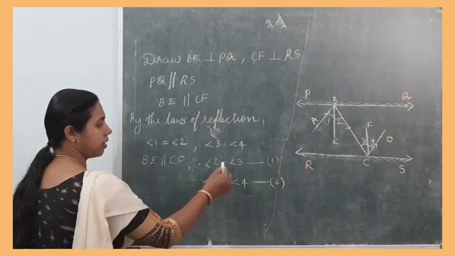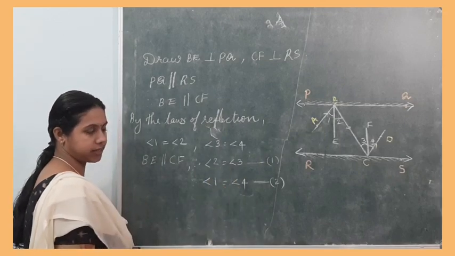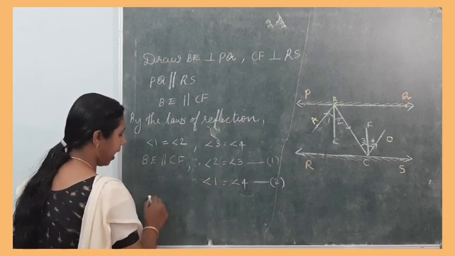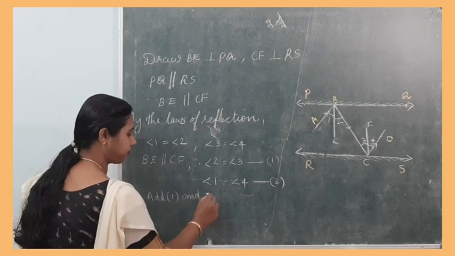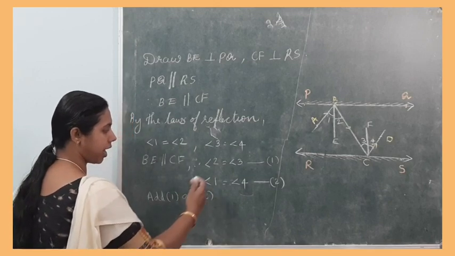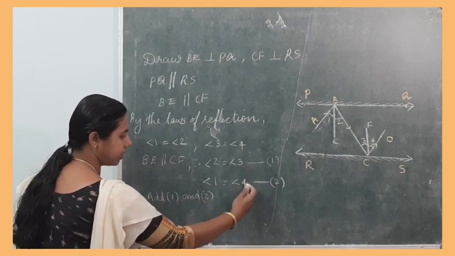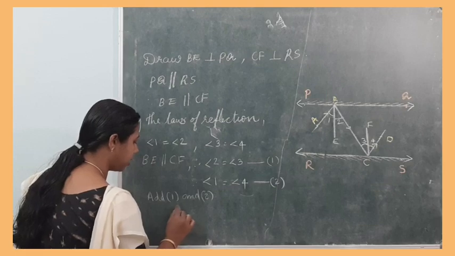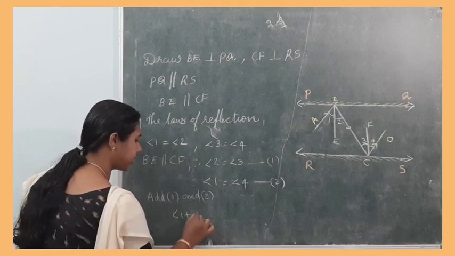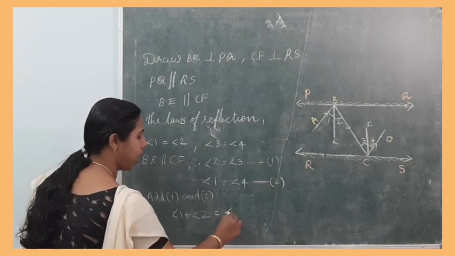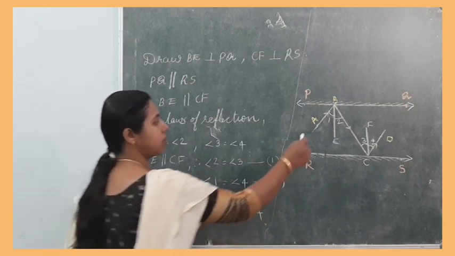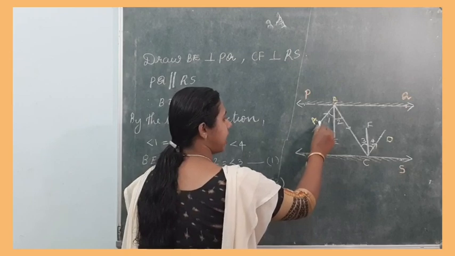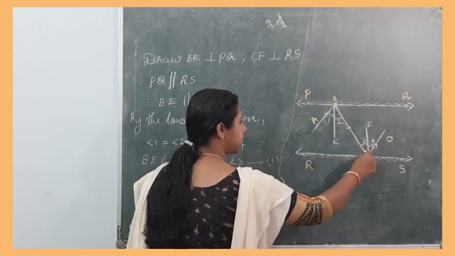Now, add these two equations. When you add equations 1 and 2, first you add the LHS, then add the RHS. So angle 1 plus angle 2 is equal to angle 3 plus angle 4. What is angle 1 plus angle 2? That is angle ABC.